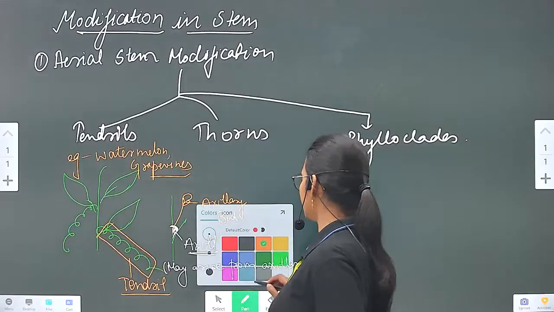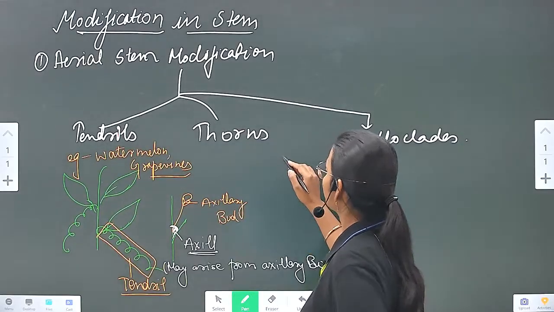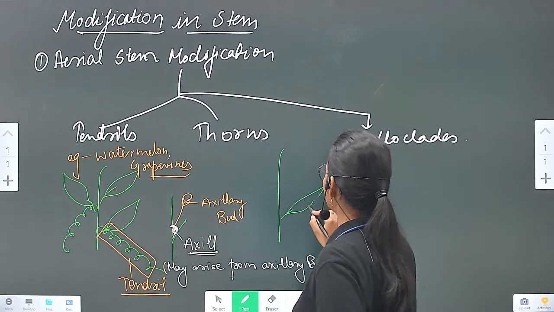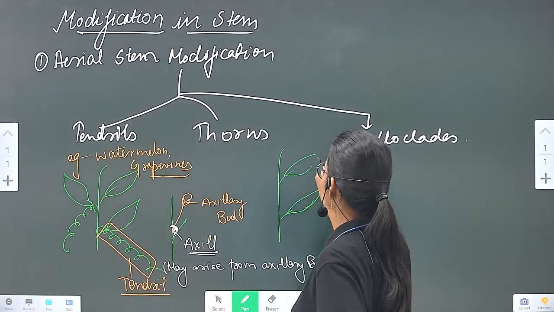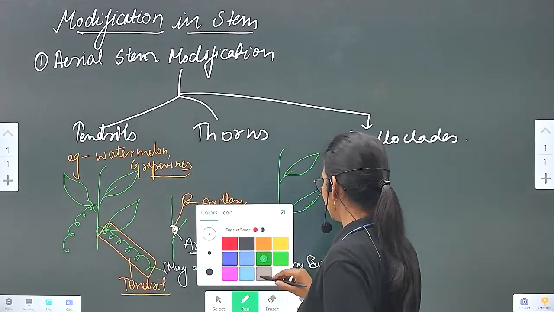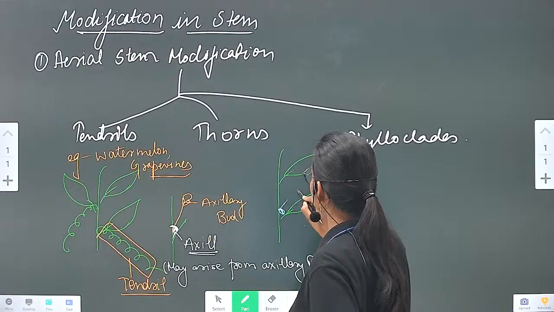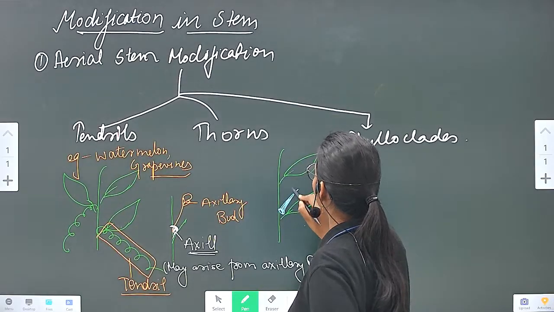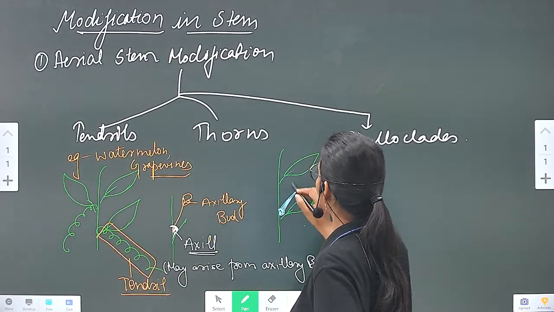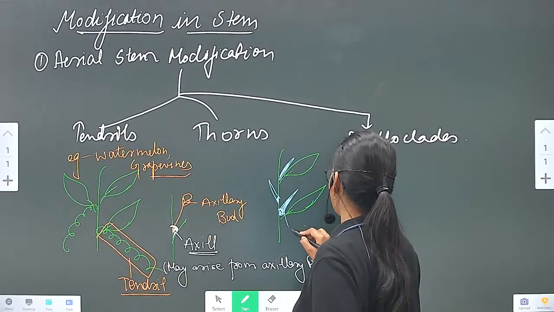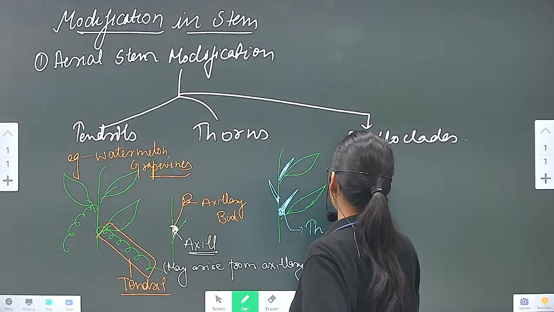Number two is the thorns, like this. If these are the leaves, then here they possess the robust thorn. And what is the purpose of the thorn? Thorns are meant for protection.